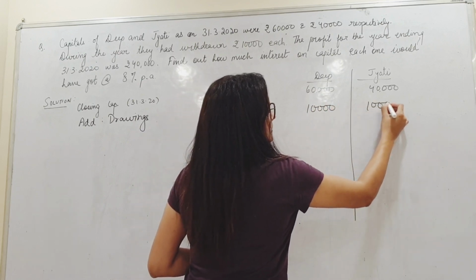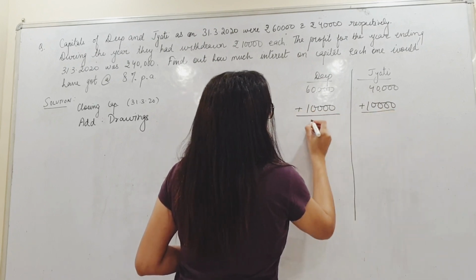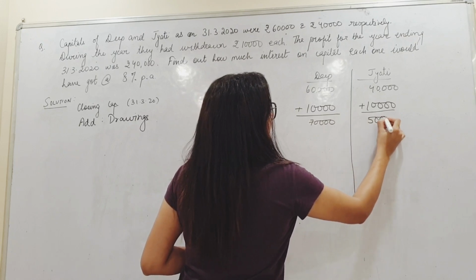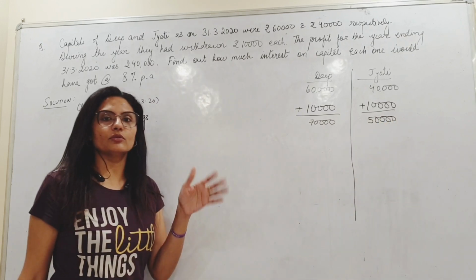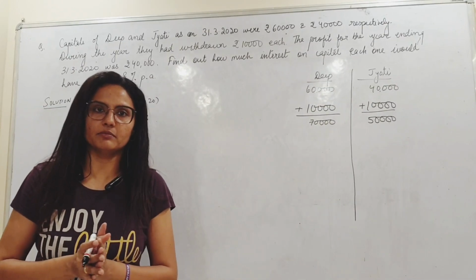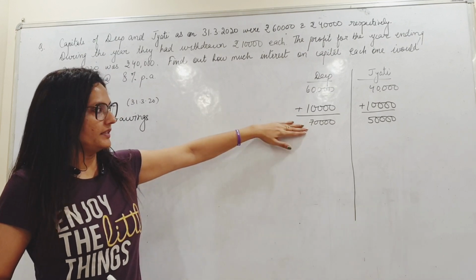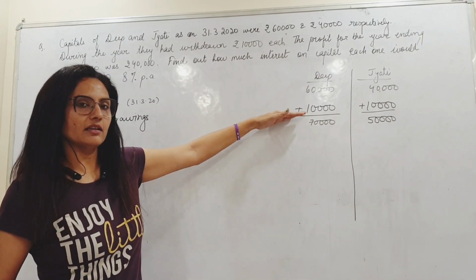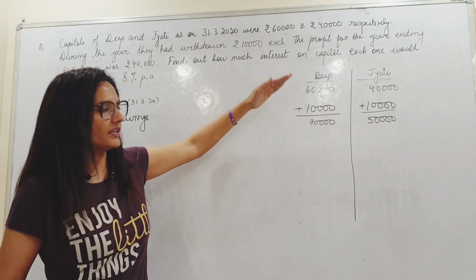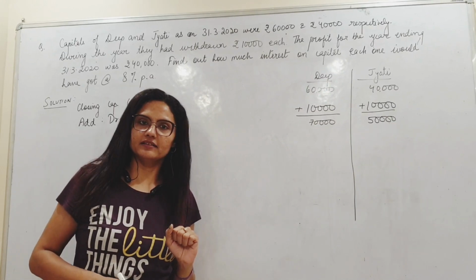So 10,000 if we add back, we come closer to the opening capital. ओपनिंग कैपिटल 70 था, उसमें से 10,000 विड्रॉ कर लिया तो क्लोजिंग कैपिटल आ गया, राइट? So we are adding it back to bring the opening capital, right?